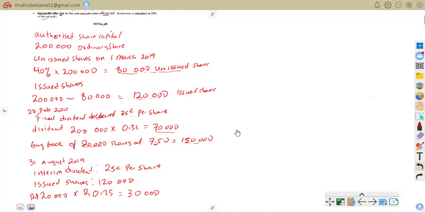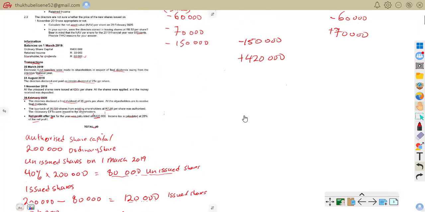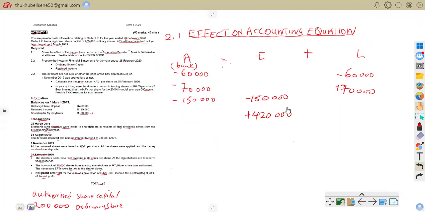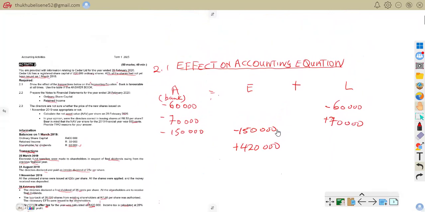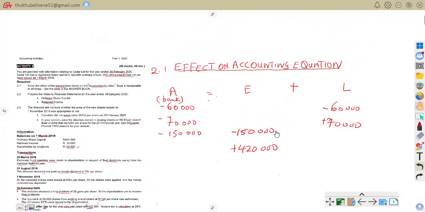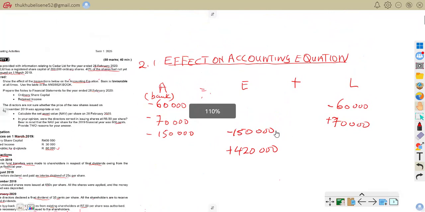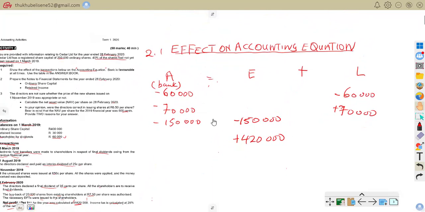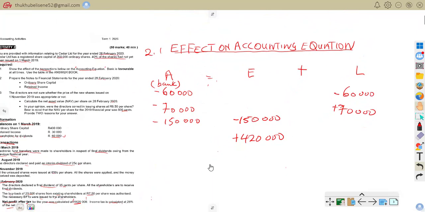We want to see the effect of the transaction on our accounting equation. So as we have said, it's 30,000 dividend that you're going to pay.